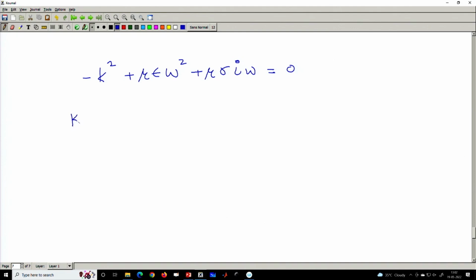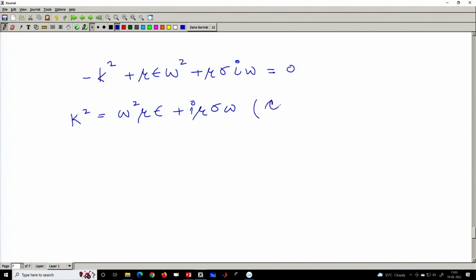Now, k square is simply omega square mu epsilon plus i mu sigma omega. Now, this is a complex term.